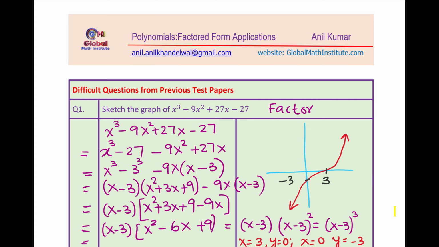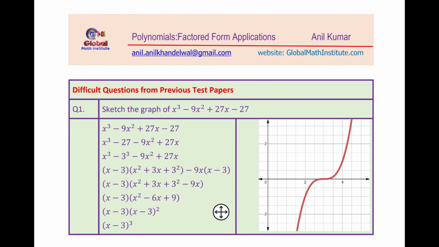Perfect. Here is the typed out solution for you. Basically, we rearrange this particular equation taking minus 27 with x cube, which is x cube minus 3 cube. On the other two, we group them to take minus 9x together.